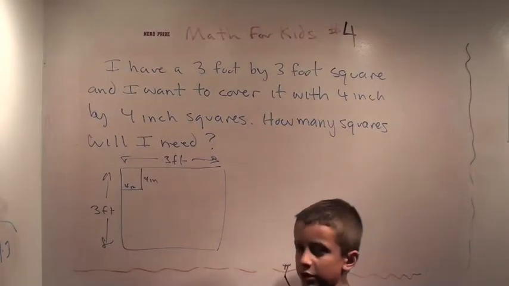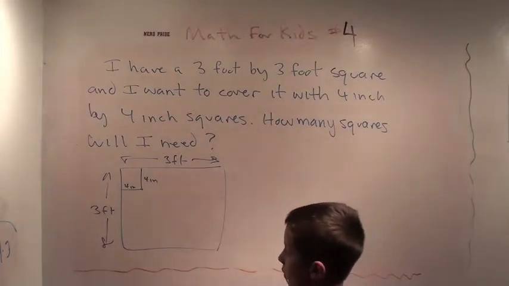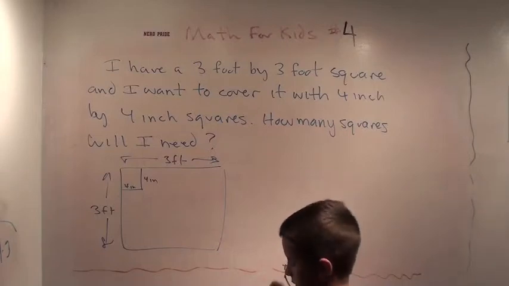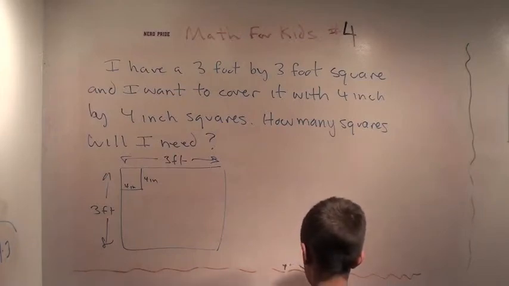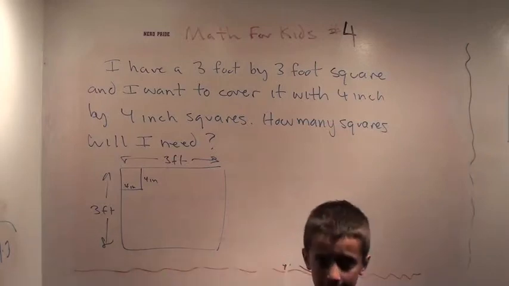Well, 12 inches equals 1 foot. That means we'll need 3 tiles to cover 1 foot. That means 3 times 12 is 36. So we'll need 36 tiles to cover one side.